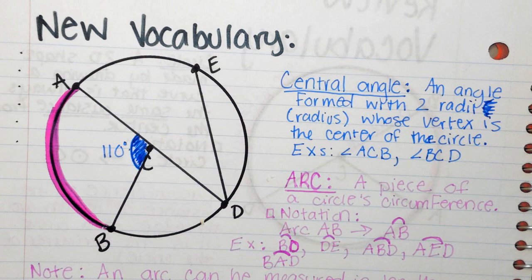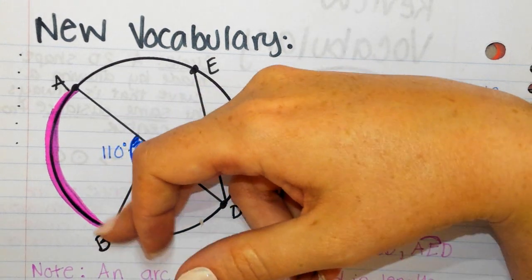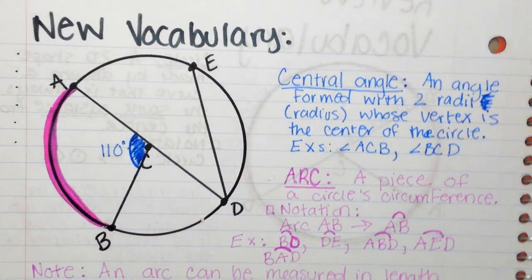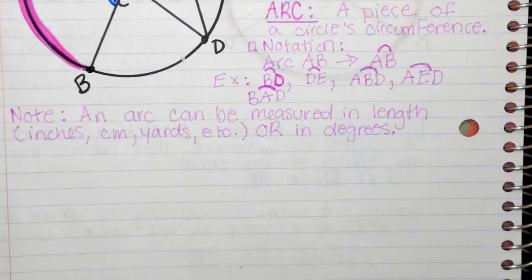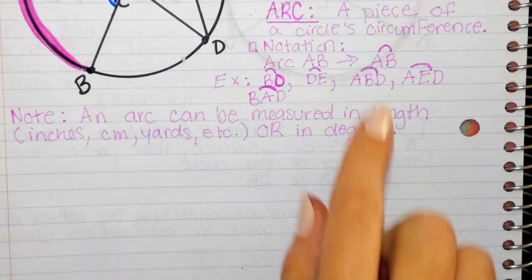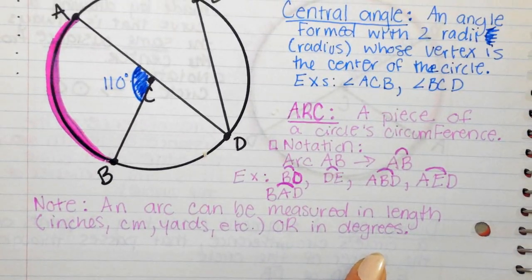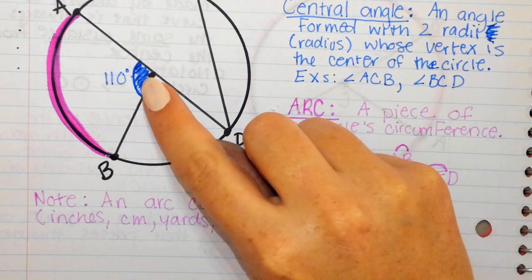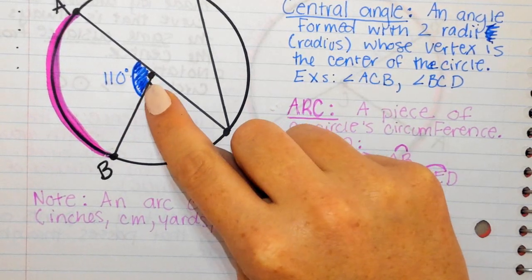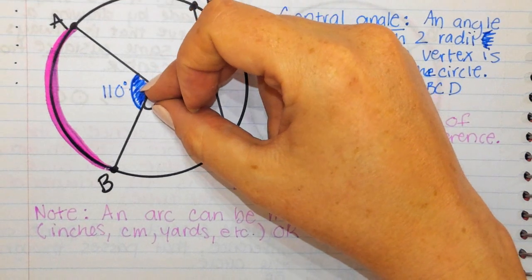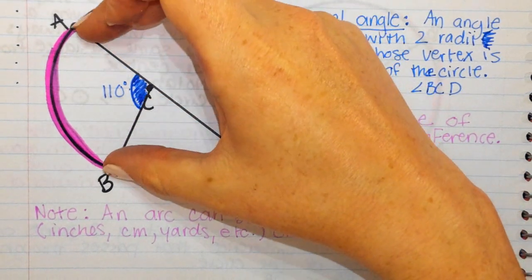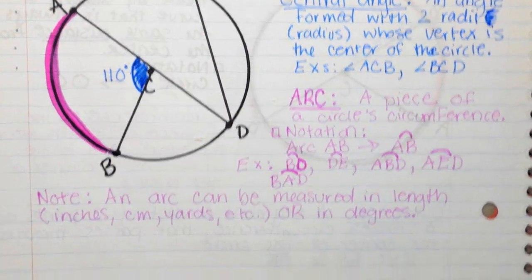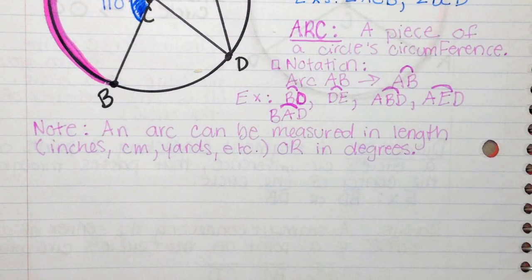But we can also talk about arcs in terms of how wide that arc is in degrees. When we talk about arcs in terms of degrees, the measure of that arc is going to be the same as the measure of the central angle that intersects that arc. So if my central angle here is 110 degrees, then I would also say that this arc right here is 110 degrees.